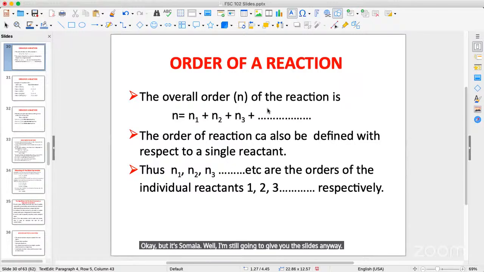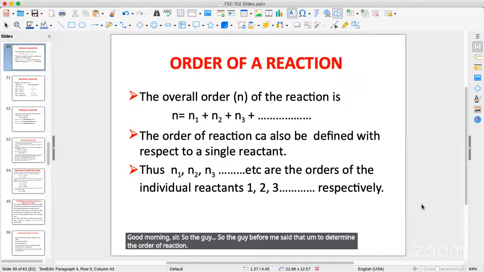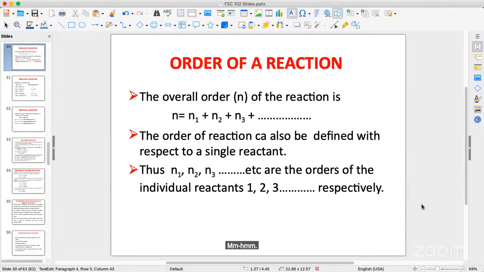Good morning, sir. So that'll be the last question for today. The guy before me said that to determine the order of reaction, it can be determined by the concentration of the slower reaction. Am I right?